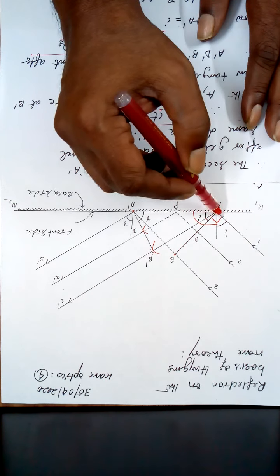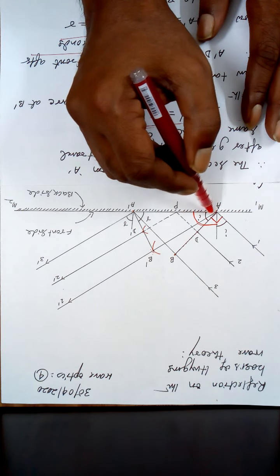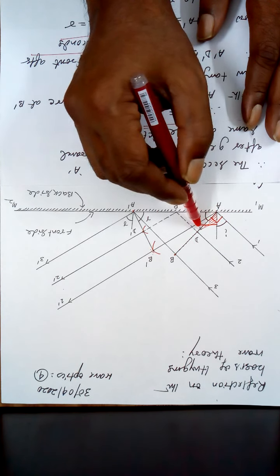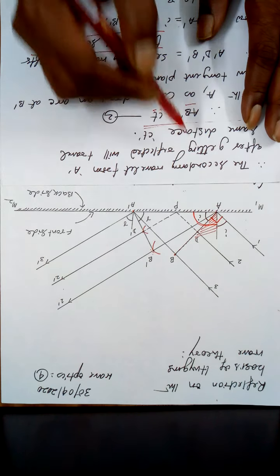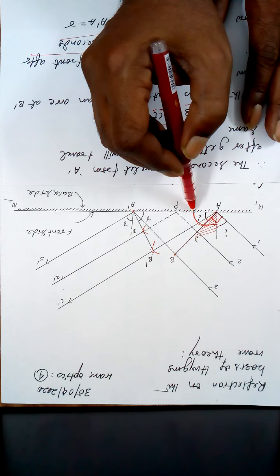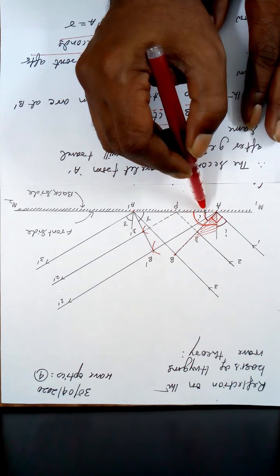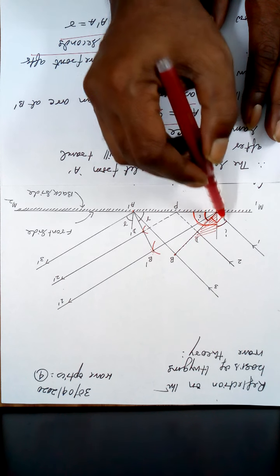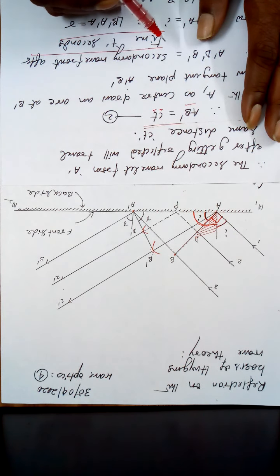Now from this 90 and from this 90, this is the common part. So I take out equal amounts from this 90 and from this 90. So the remaining parts are equal. Since this is I, therefore this will also be I. I have taken out equal parts.